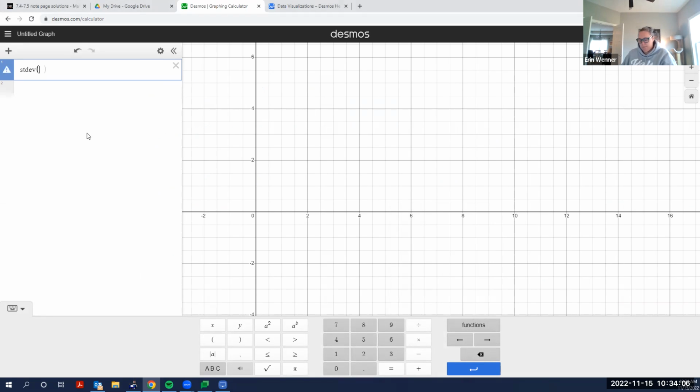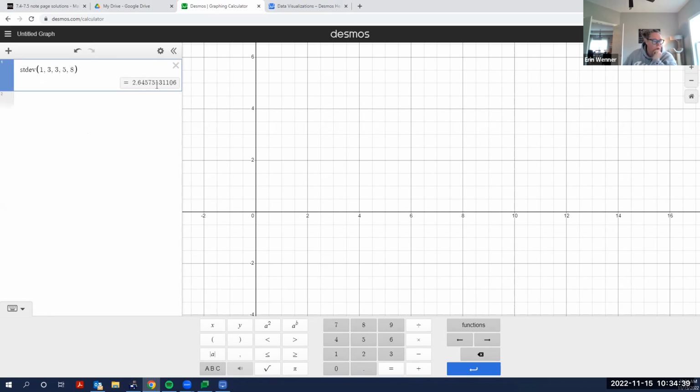So we're going to click on that, and then input our numbers just like we have: 1, 3, 3, 5, 8. And you can see that once I do that, the standard deviation is just like I found going through all the steps. You're still coming up with the same value, okay?